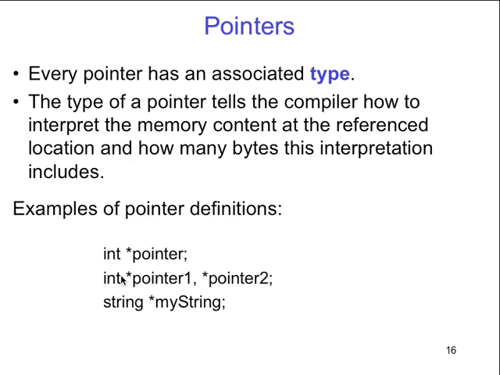If I said integer I-N-I-T-I, and I didn't put a space in there, I get an error message because I'm calling my variable I. There has to be a space between the data type and the name of the variable that you're declaring, just by standard convention. Where this asterisk appears doesn't matter, but when I say integer pointer with this asterisk, now I say I'm creating a variable, same as before.